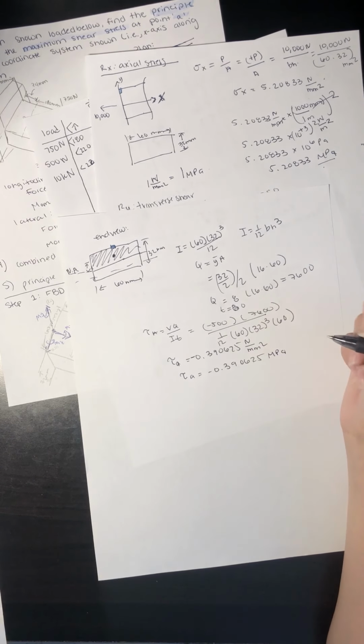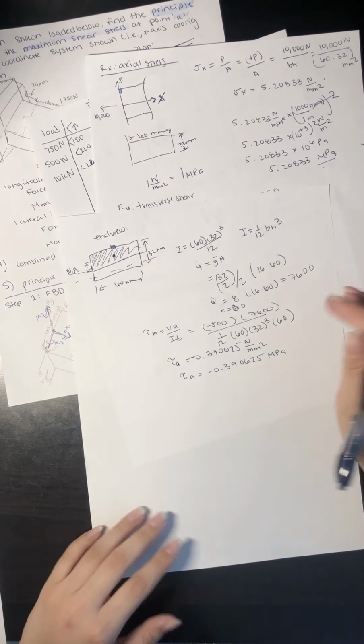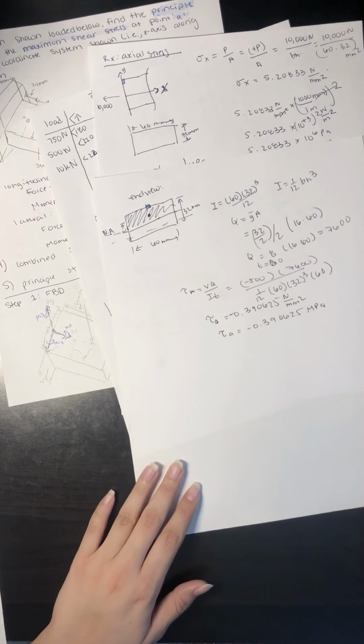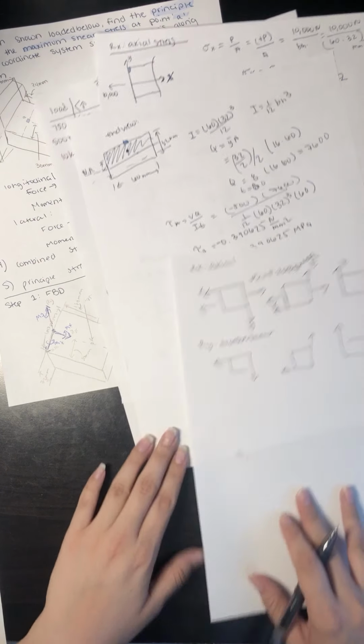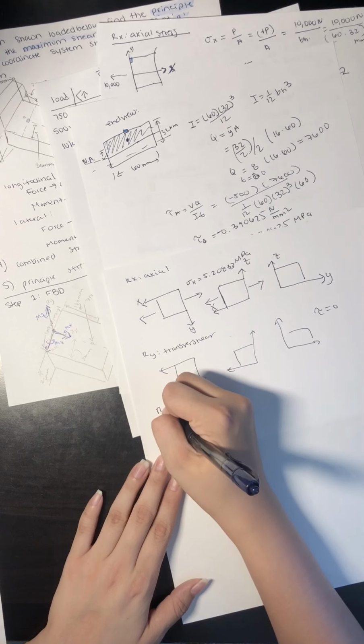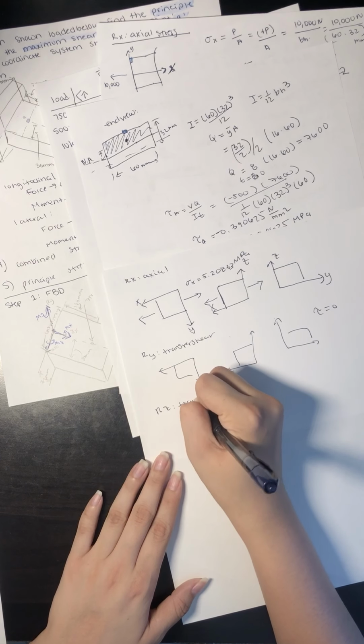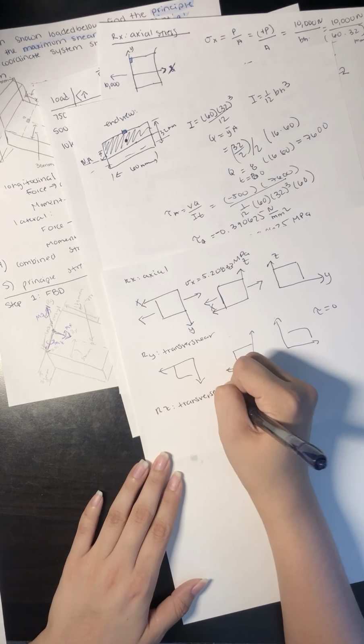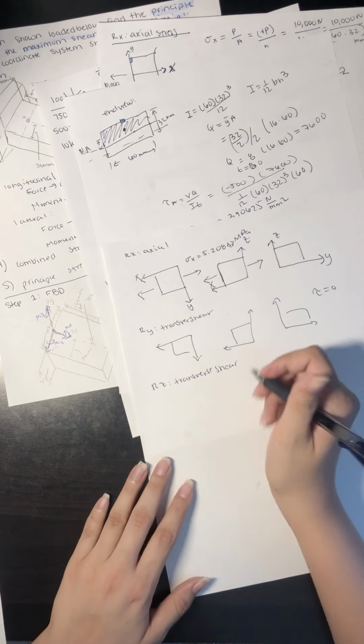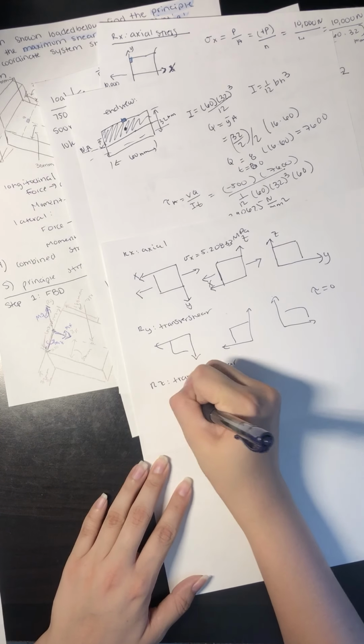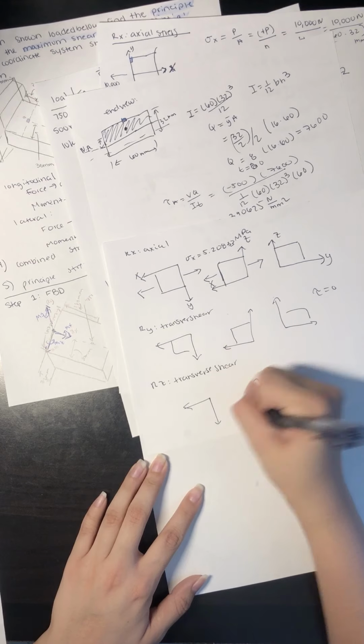We don't need to redo that calculation. It's a 1-to-1 ratio. All right, and now doing the stress block for that. So our transverse shear gives us this stress block. Let's just draw these stress blocks real quick.